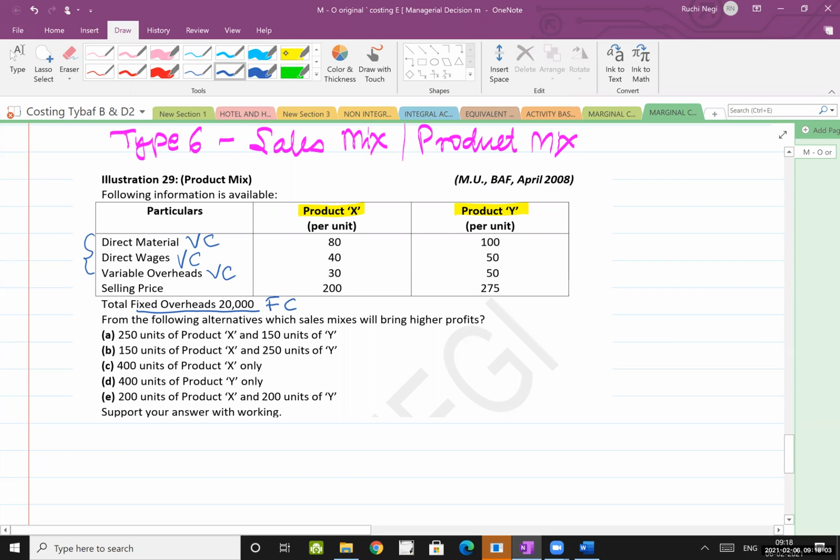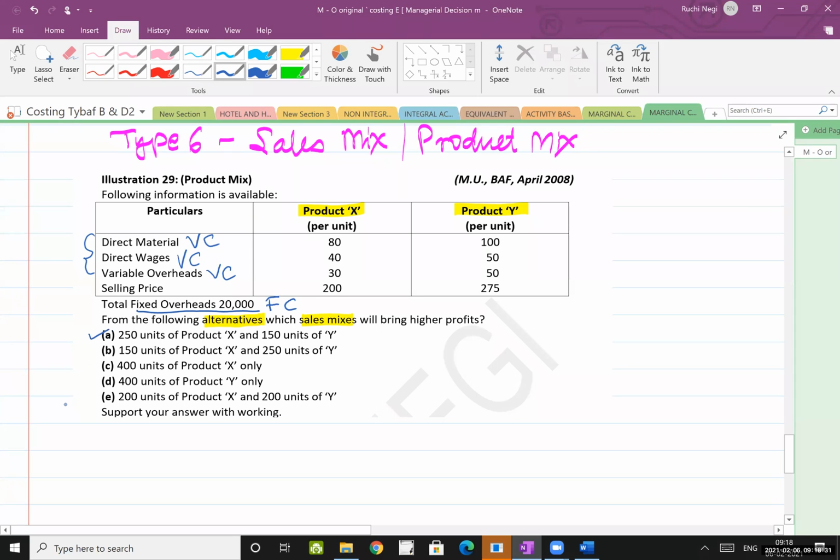And they are telling you that from the following alternatives, which sales mix will bring higher profits. Obviously, even if they don't tell us, in the earlier sums that we have done, we have always considered that the option with the highest profit is the best option in the sales mix. So these are the options available.